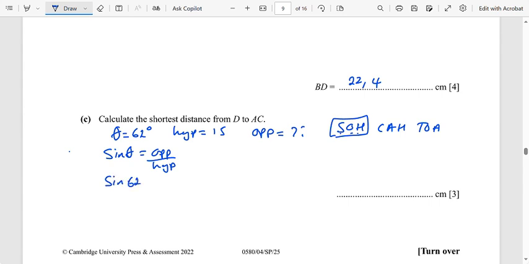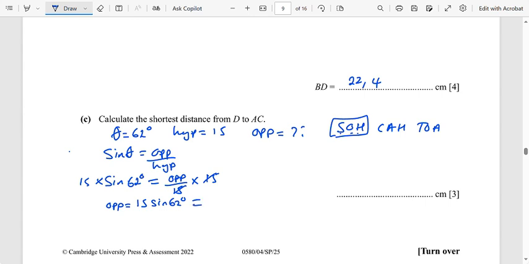So sine 62 degrees is equal to the opposite over the hypotenuse of 15. So to find the opposite, I can cross multiply by 15. So that's 15 sine 62 degrees. That's when I have multiplied by 15 both sides.